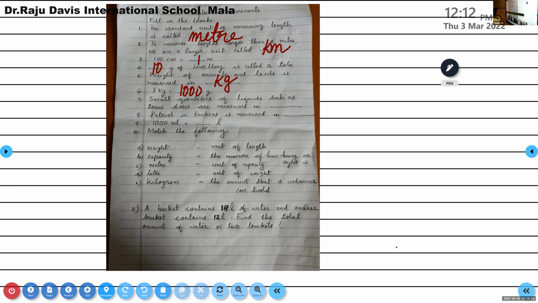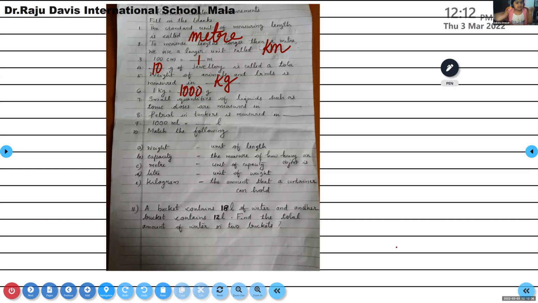Veda, can you say the answer? For the small measurement capacity. Small quantities of liquids such as tonic doses are measured in dash. Daksha Deepak. Milliliter.